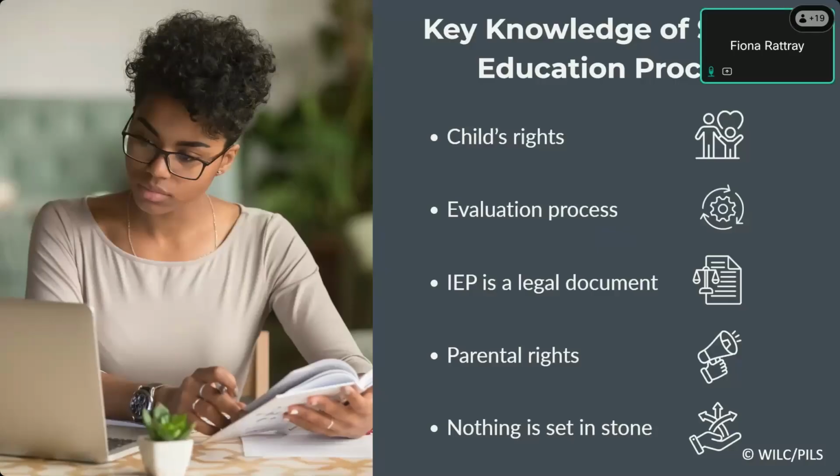And then last but not least, nothing set in stone. Okay, the IEP is not a document that doesn't move. It can and it should evolve as your child grows and as new needs emerge. A lot of parents, I think, get the impression that they're stuck with that IEP for the whole year. That's not true. You always have the right to request a meeting or revisions to the IEP.